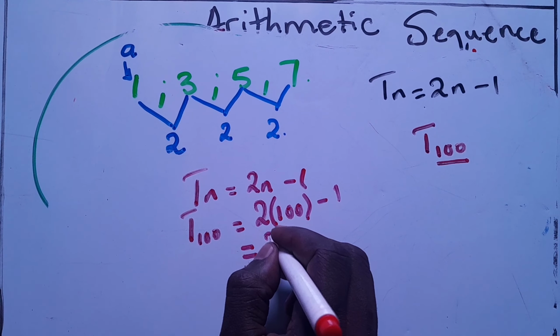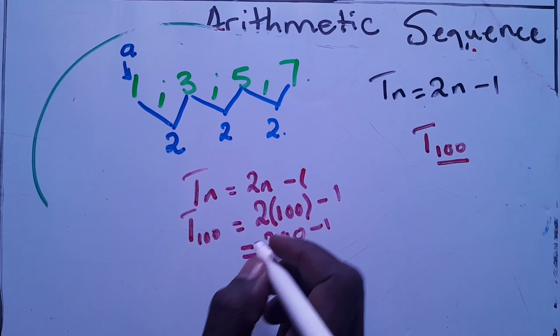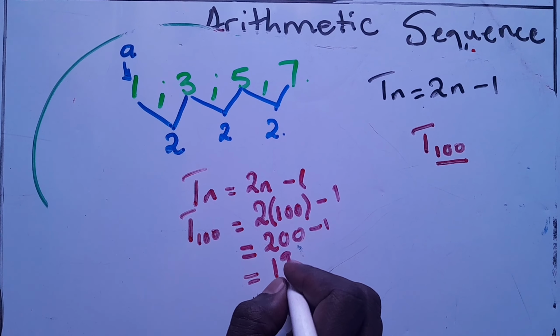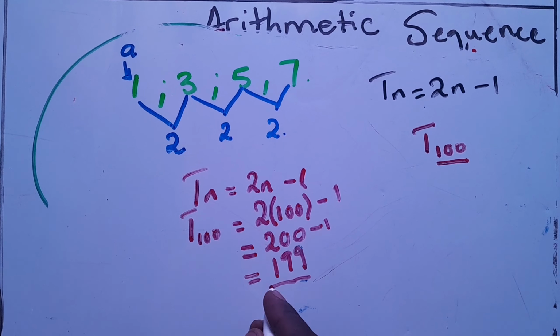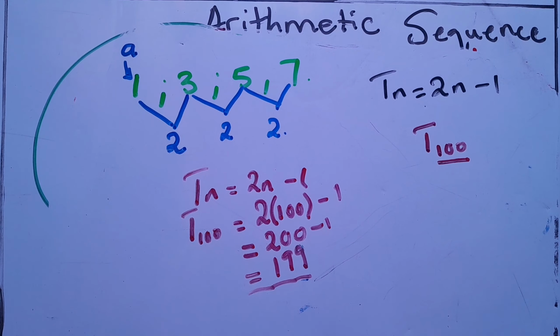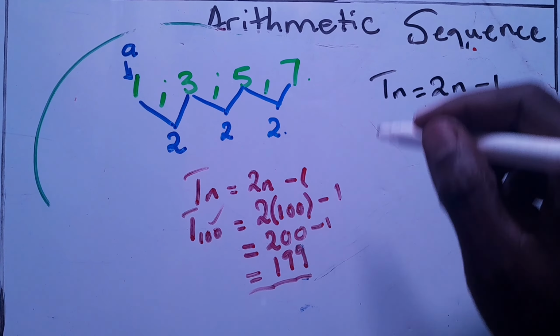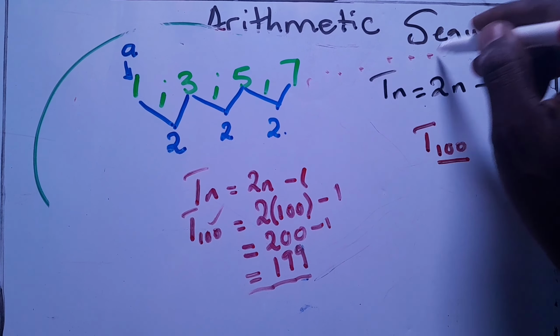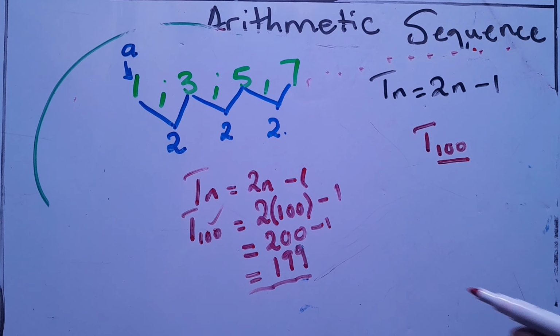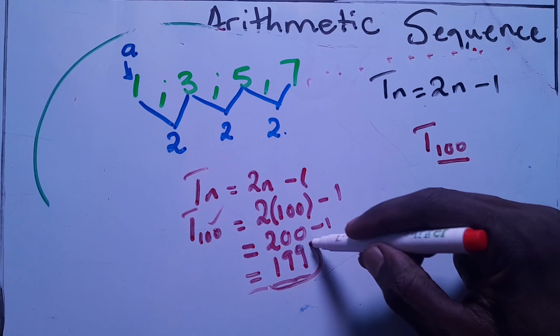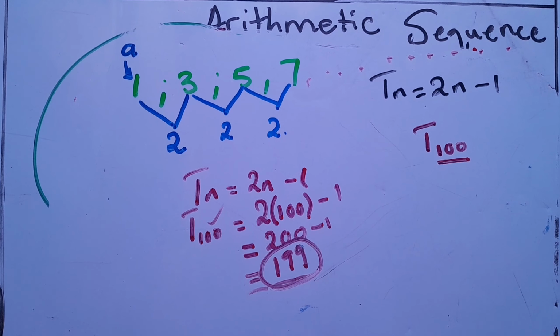This becomes 200 minus 1, and this is 199. So our term number 100 of this sequence, if you continue this sequence up until term number 100, we are going to find that it is 199. Can you see now how we can use the general formula to find the value of any term, right?